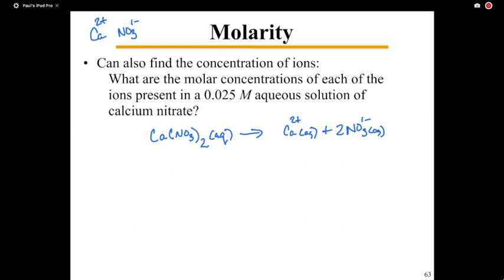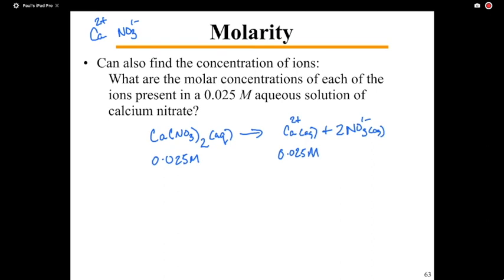Okay. The thing I know about this solution is this. I have 0.025 molar concentration of the whole compound. What is the molar concentration of the calcium once it's broken apart? How many calciums come from the whole compound? Only one. So it has this much molarity.